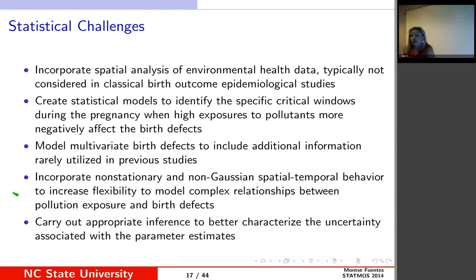We are working here with Texas, more rural and more urban areas. And we also want to make sure that we take into consideration and characterize the uncertainty associated with the model and the data that we are working with.